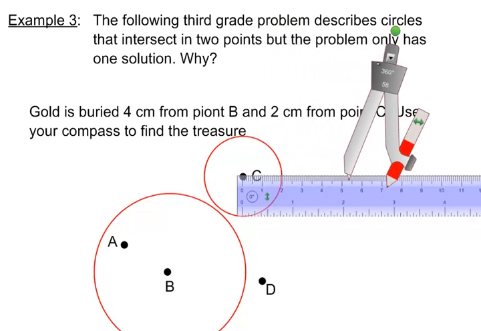I think my picture might be slightly off. So we're just going to, there we go. Alright, if we can see, our buried treasure is going to be right there. And the reason that we are only at 1 point is because they are tangent. Alright? So that is circles, lines, and angles. Thank you.